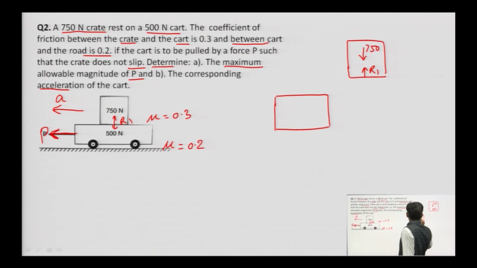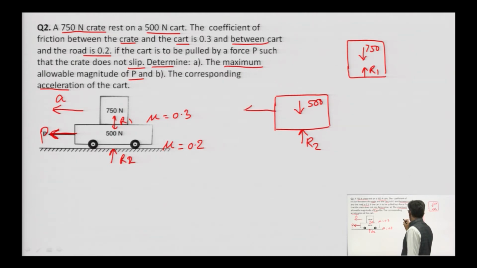First of all, the weight is 500 Newton, the reaction R1 is this, and let us take this as R2.